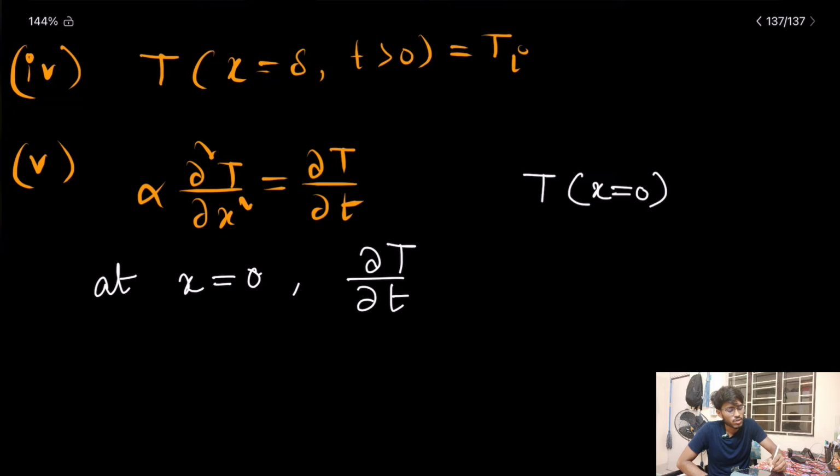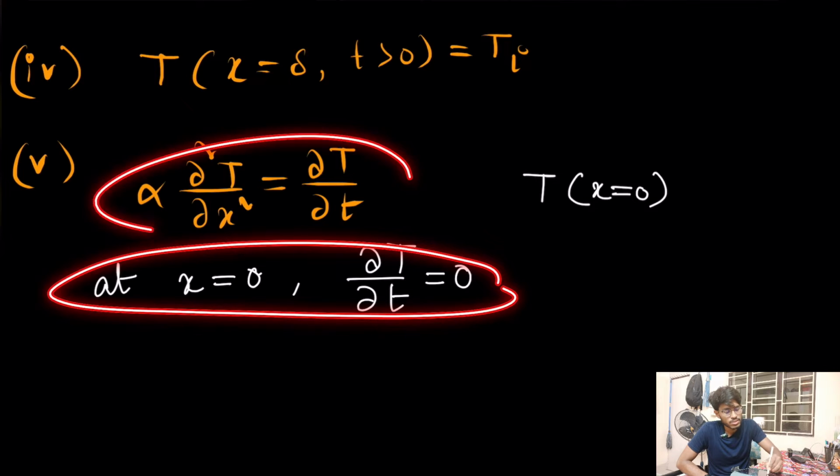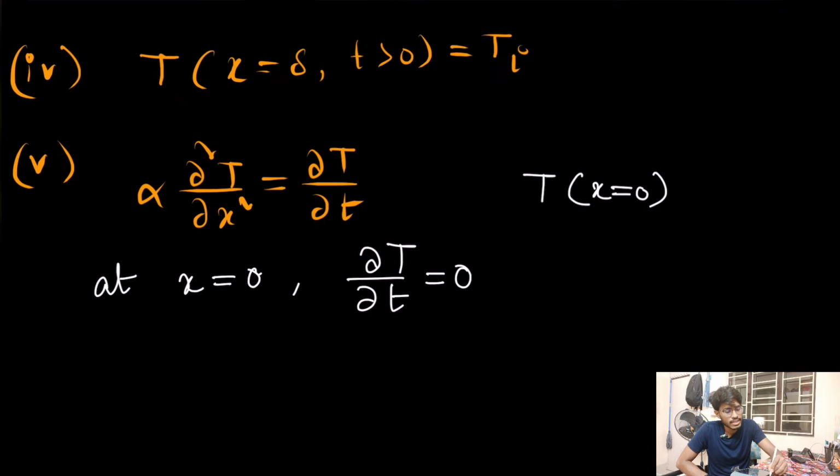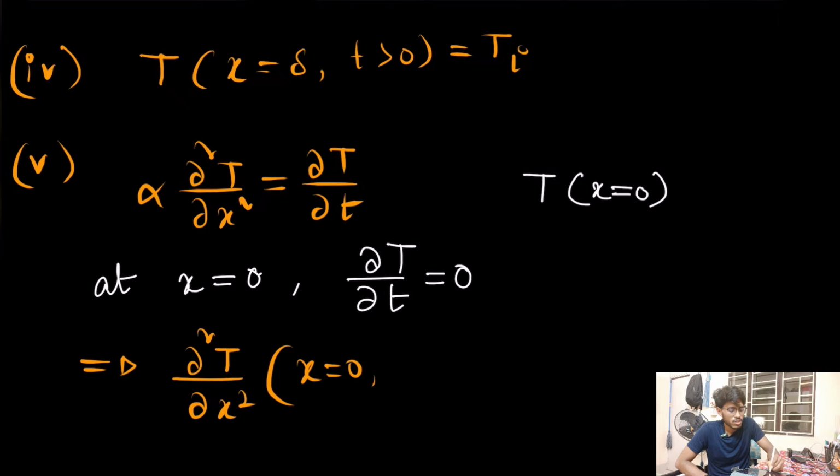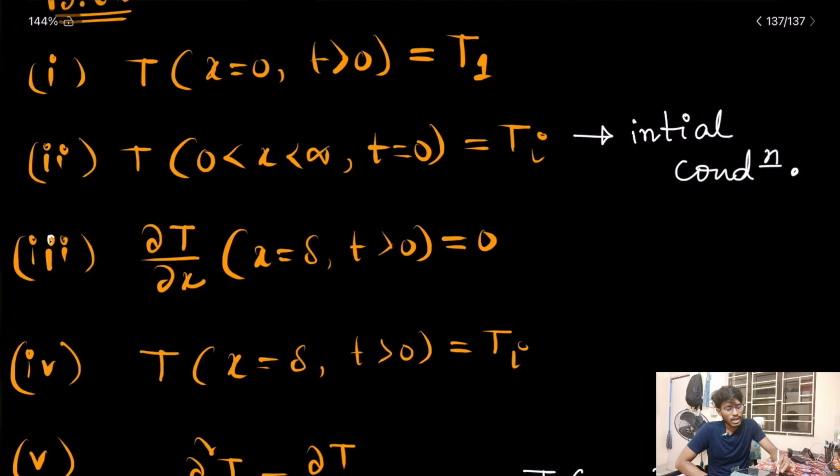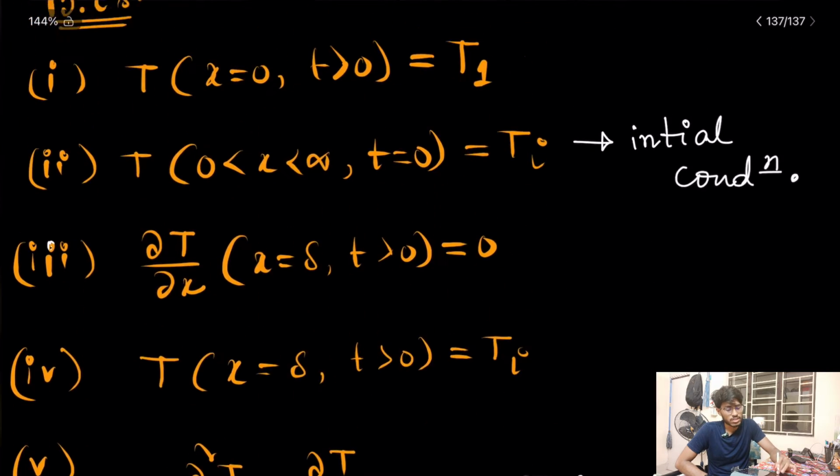That means this is equal to 0. And from these two equations, I can directly say that del 2 T del x2 at x equal to 0 for any time t greater than 0 is equal to 0. So I have these 5 boundary conditions.